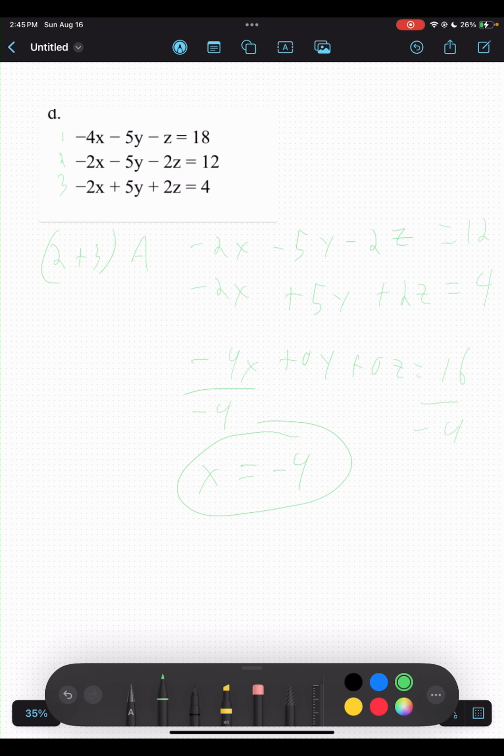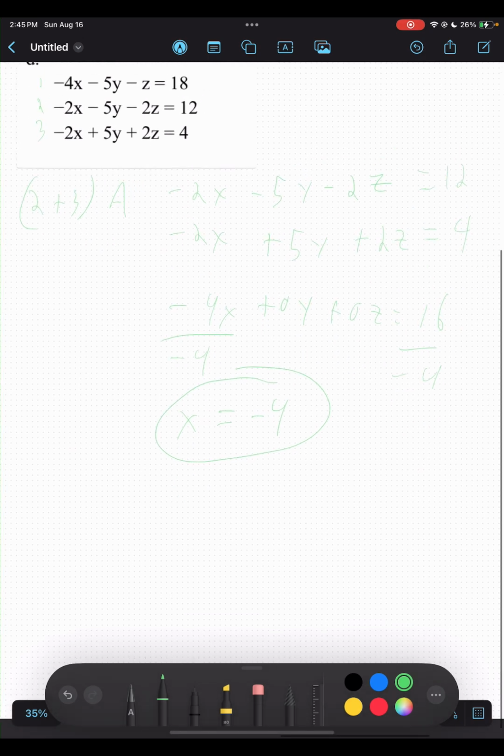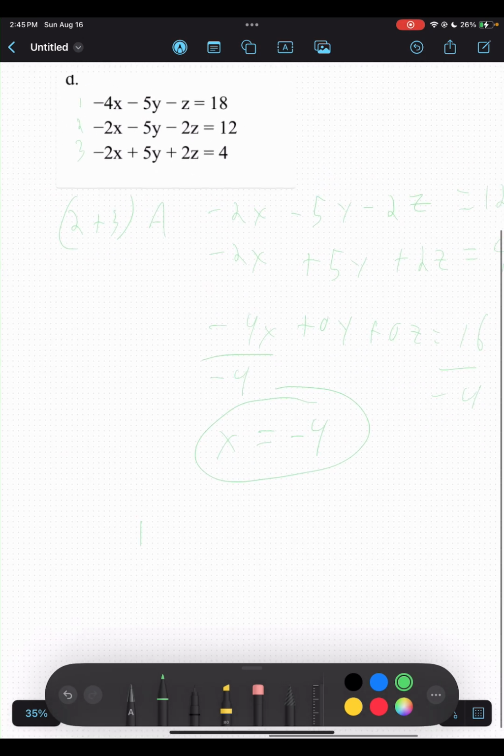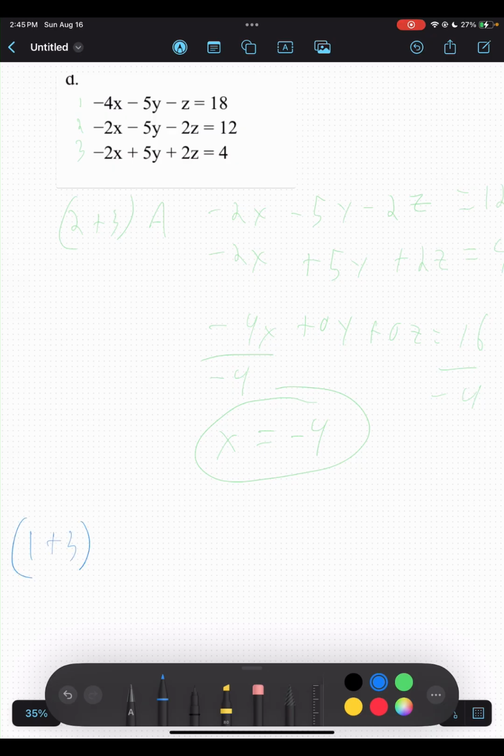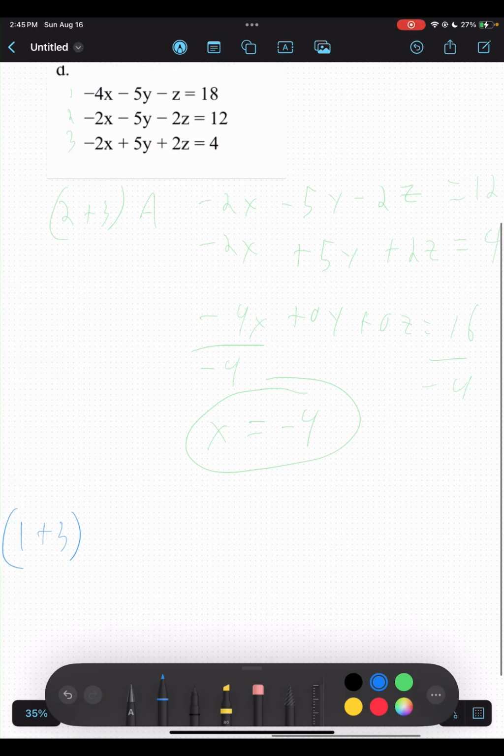But in order to do so, we got to remove another variable first. So I'm going to make another equation. I'm going to call it equation B. And I'm going to make it by adding 1 and 3 together. So that's going to be negative 4x minus 5y minus z equals 18.